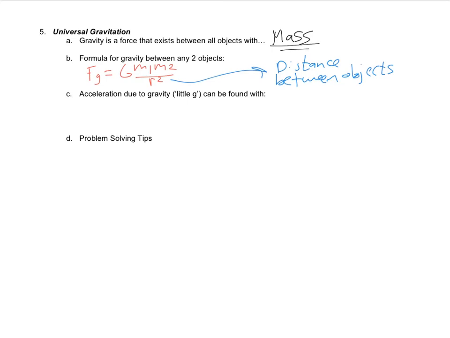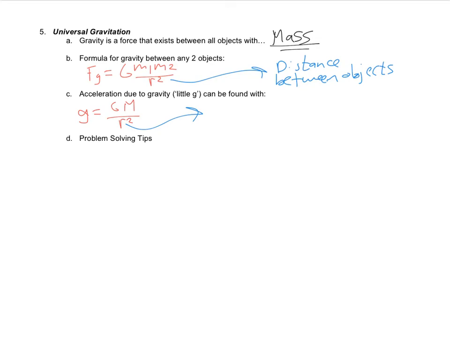The other thing we talked about related to this was finding the acceleration due to gravity, little g, which we can do with G M over r squared. So this would allow us to get what the acceleration due to gravity would be on a planet. If we plugged in the values for Earth, that would be 9.8.